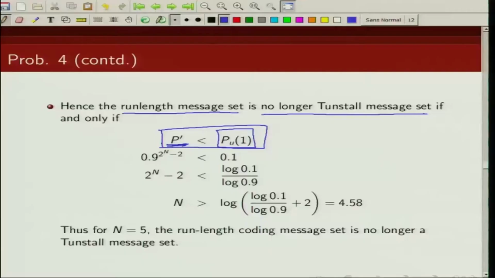So, if the intermediate probability becomes less than the probability of u equal to 1, our run length message set is no longer going to be a Tunstall message set.